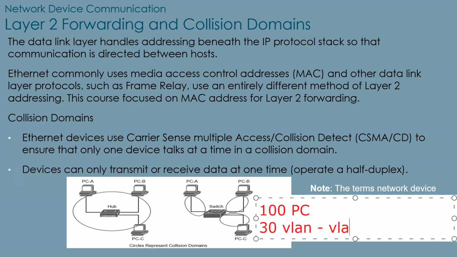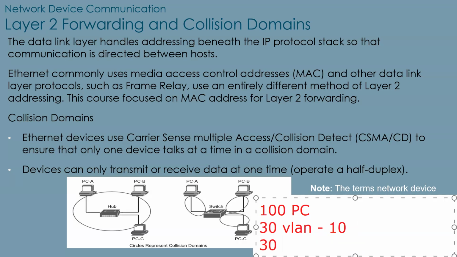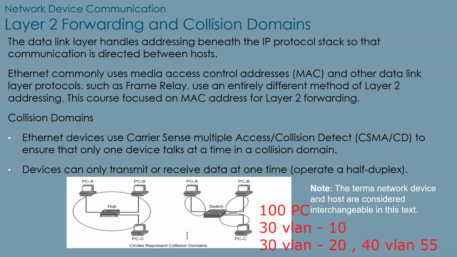So they are part of VLAN, maybe VLAN 10. Then the rest 30 are part of VLAN 20, and the remaining 40 may be part of VLAN 55, etc. Right? So the point here is this: do not put all these PCs in the same VLAN.